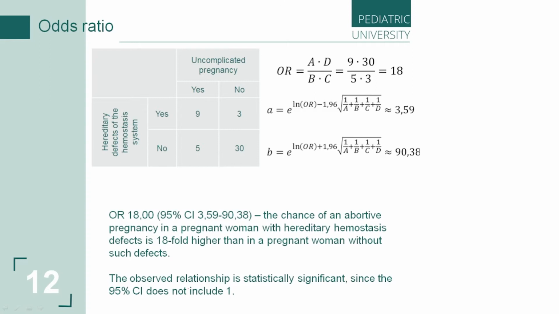The table shows the frequencies: defects of the hemostasis system, and uncomplicated pregnancy, yes or no, and problems, yes or no. We calculate the odds ratio using this formula: we should multiply A by D and divide it by the multiplication of B and C.